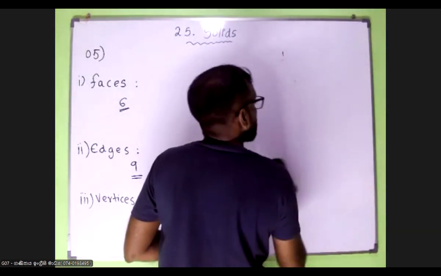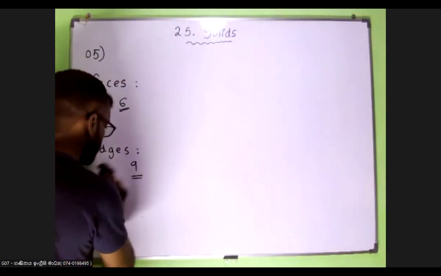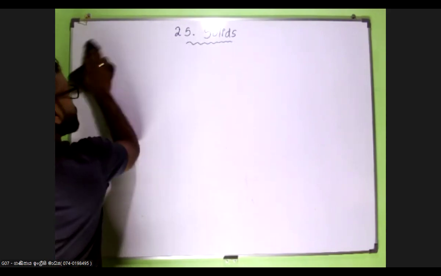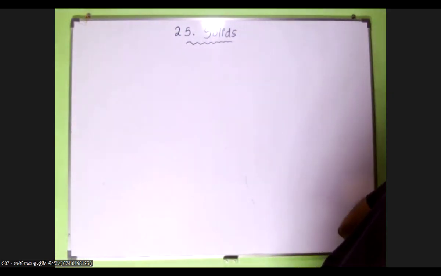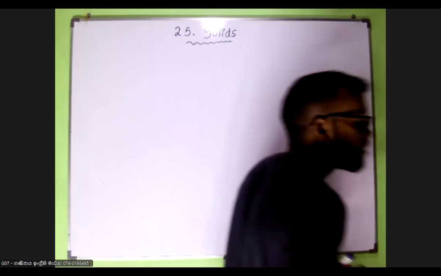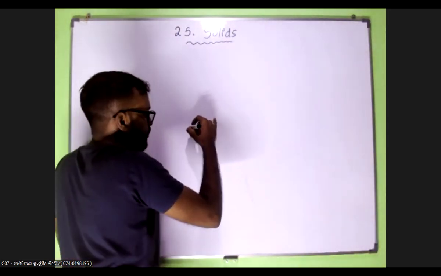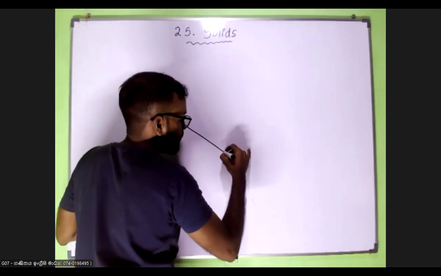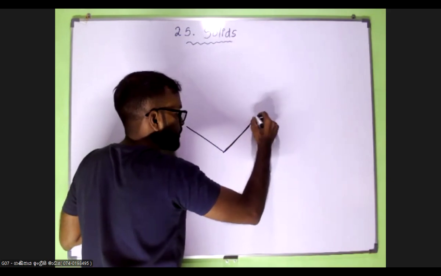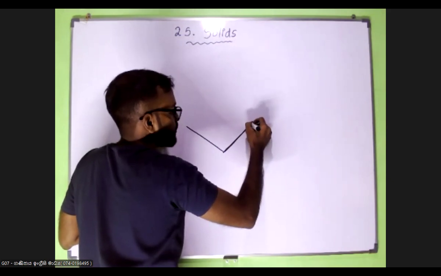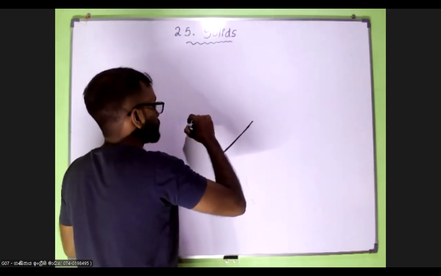I will draw a pyramid first. In the below side, we have a square type of shape.